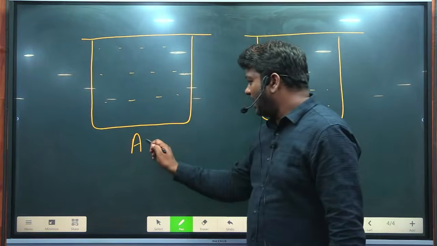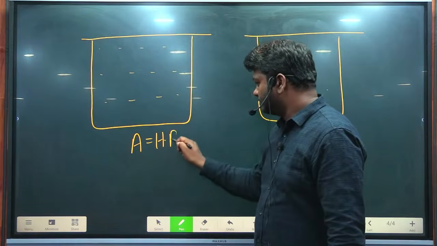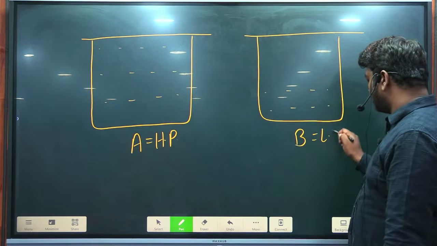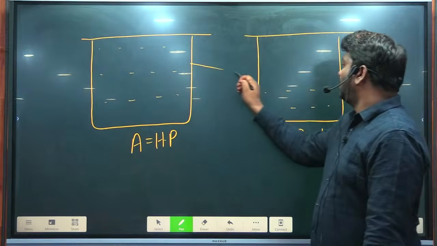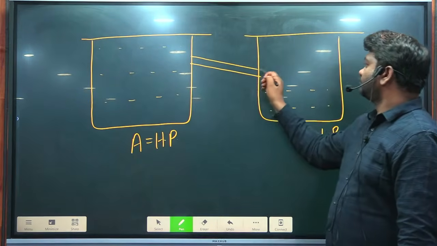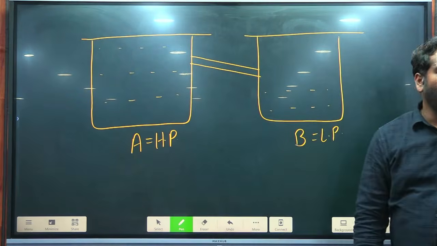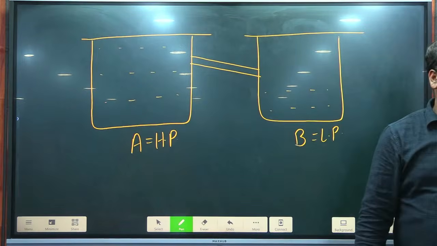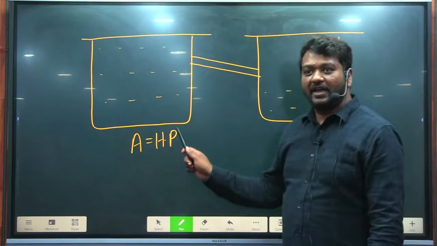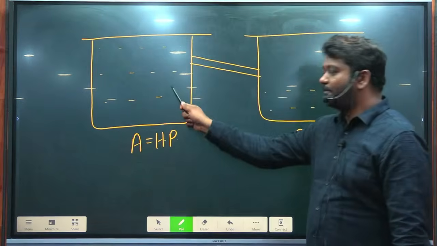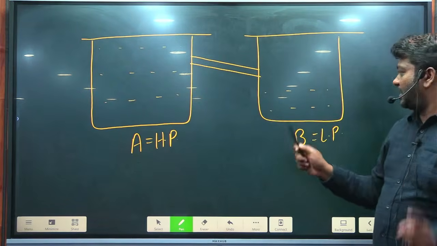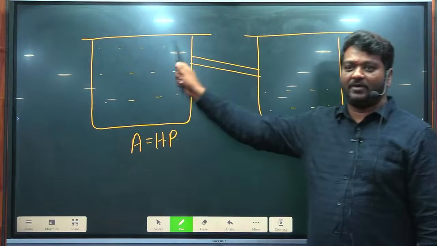Can I say A is high pressure? B is? Okay, good. I'll connect these two. Okay guys? Now, from where to where it will go? Can I say it will go from high pressure to low pressure? Can I say it won't go from low pressure to high pressure?